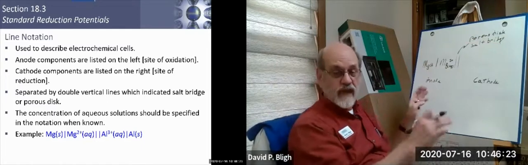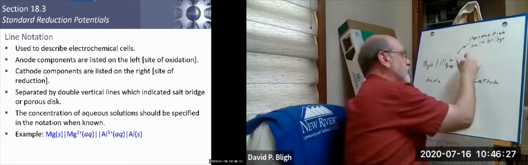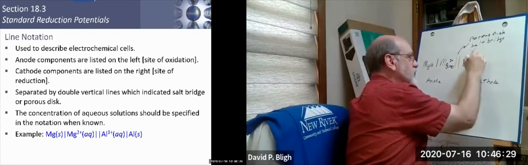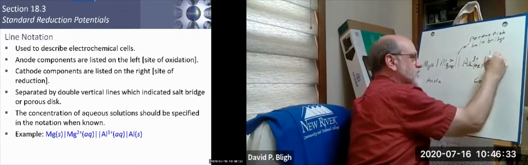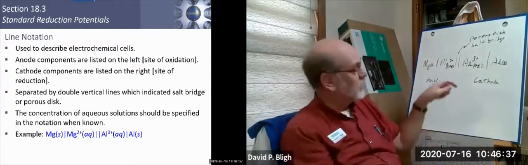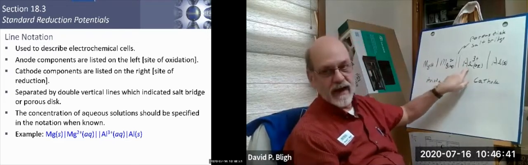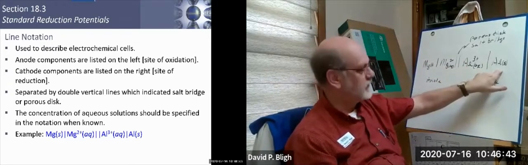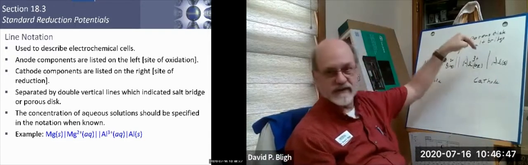Okay. On the other side, we want reduction in the order that it occurs. So in this case, aluminum 3+, phase change, aluminum metal. At the cathode, aluminum ions are reduced to aluminum metal because electrons are supplied through the bridge to this side.